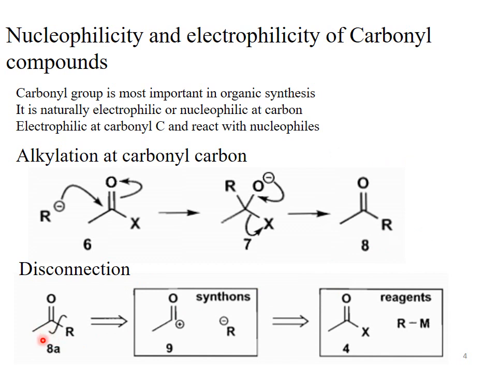The reactant contains the leaving group X, and here the product contains R. So X is replaced with R. So R is introduced to the carbonyl carbon. This is alkylation at carbonyl carbon.